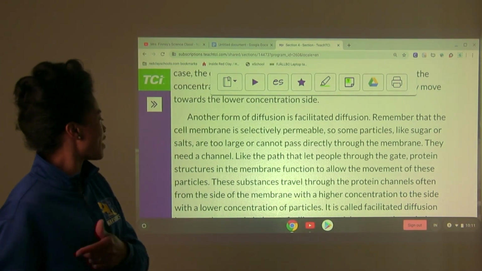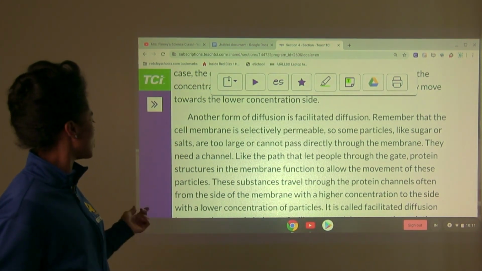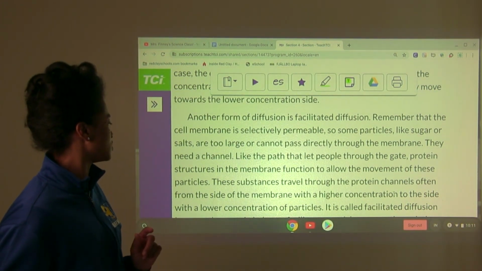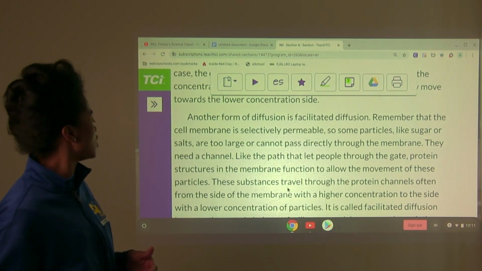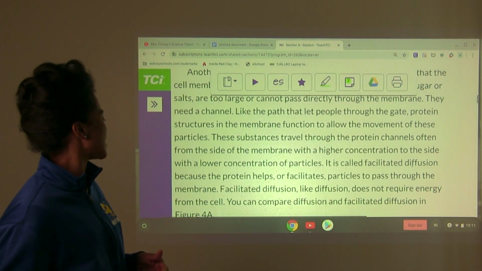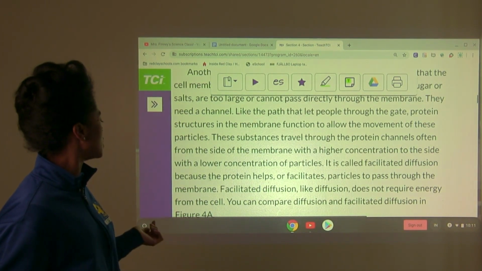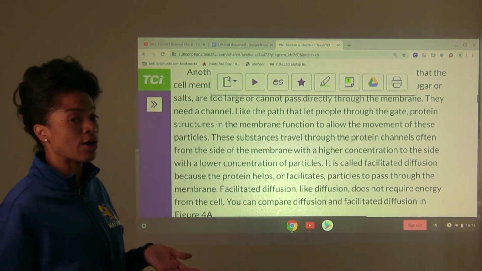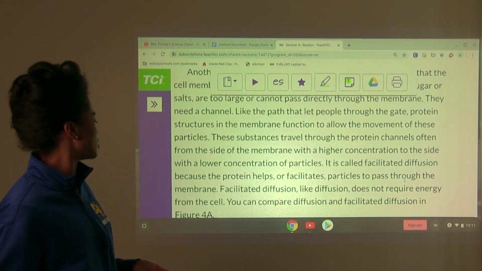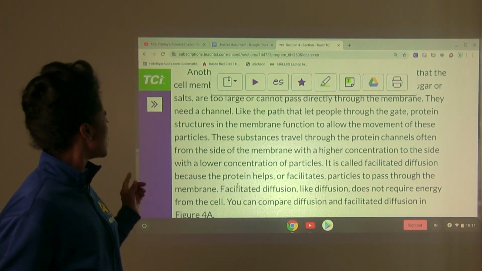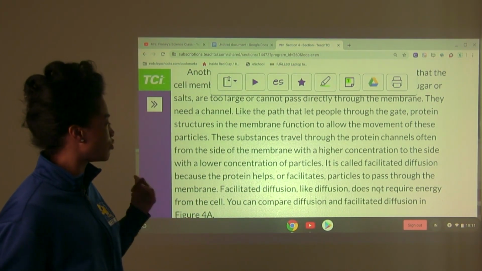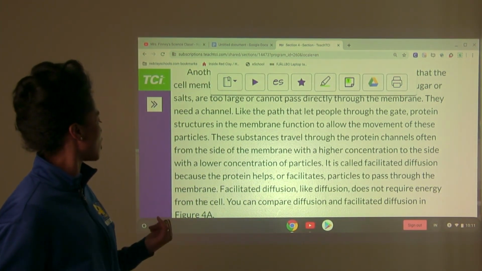These substances travel through the protein channels, often from the side of the membrane with a higher concentration to the side with a lower concentration of particles. It is called facilitated diffusion because the protein helps or facilitates particles to pass through the membrane. Facilitated diffusion, like diffusion, does not require energy from the cell.